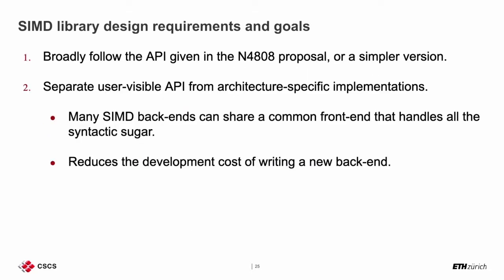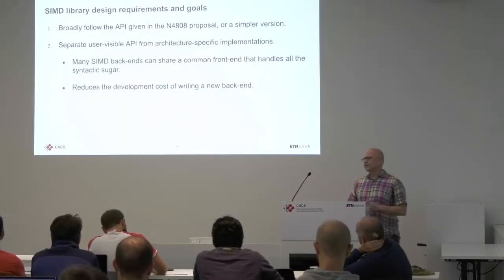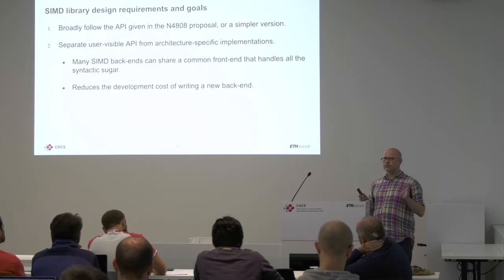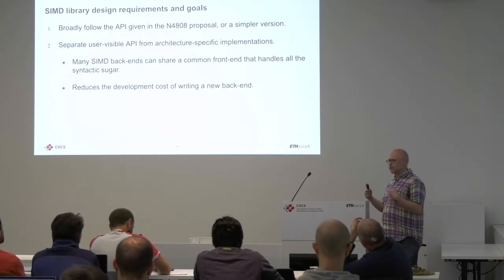Our next design criterion is that I want the user-visible API, all these times and pluses, to be quite separate from the implementation behind the scenes for any particular architecture. And the main reason for this is that there's going to be a lot of syntactic sugar at the front end to make it all look pretty and easy to use. And I don't want to have to replicate that for every particular architecture.